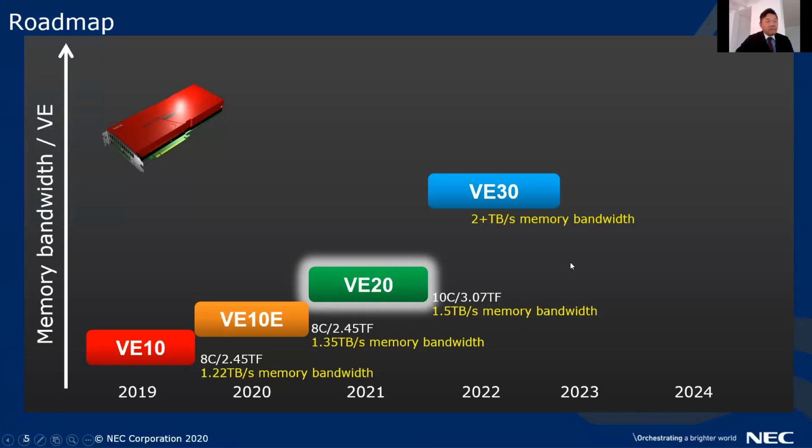Then, in the near future, we are going to release the VE30 generation with more than 2 terabytes per second of memory bandwidth. Moreover, we are going to release an updated version of VE30 as VE40. 2-plus terabytes per second of memory bandwidth will be implemented in this processor.